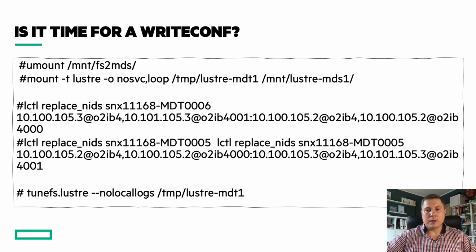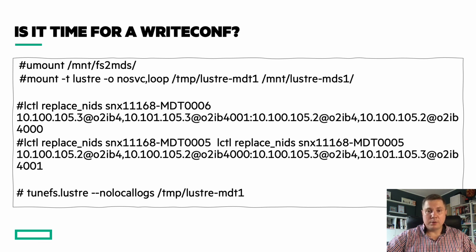So configuration should be rebuilt. It's quite a dangerous operation and quite long. Some issues are possible. Fortunately, there is another option. There is the replace_nids command that changes NIDs in place.